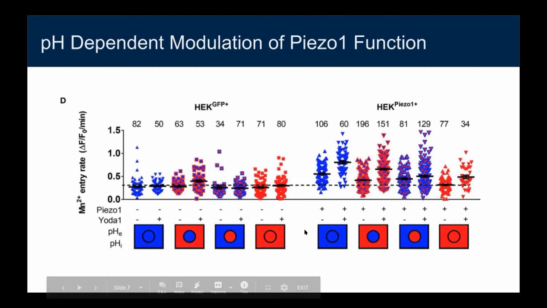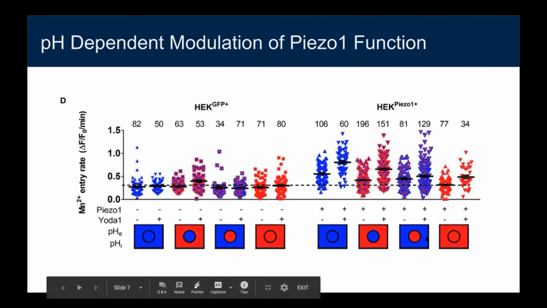At the bottom, you have those red and blue circles and rectangles. The circle is a cell, inside of that would be intracellular pH, and outside would be extracellular. The blue would be normal physiological pH, versus the red would be a pH of like 6.6, representing acidosis.